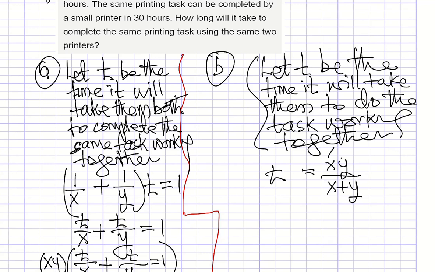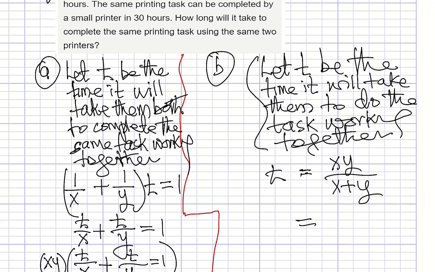This is the time the other one is using. That's the same time this guy is using, the same time that guy is using. So you need to understand what that formula stands for. If you're gonna use it, it's their time, the time they're gonna use to do it separately. So we just use that because we derived it: x times y over x plus y.